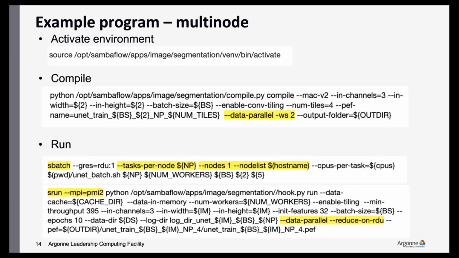The main other arguments that you need to look for in a data parallel run are data parallel again in the run command argument, as well as reduce on the RDU. So in this slide, whatever you see highlighted are the essential command arguments that are specific to distributed training over data parallel.